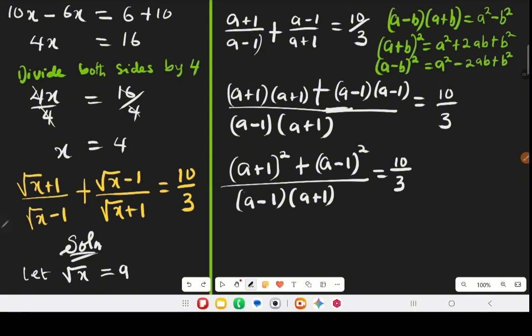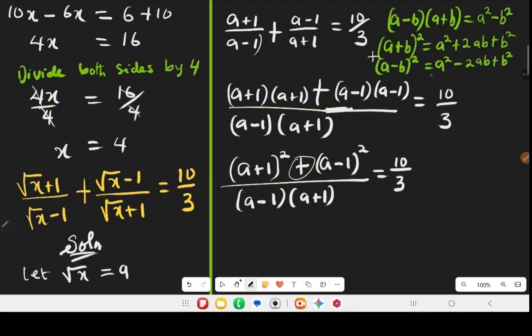Now, the numerator is telling us, which is this, a plus 1 all squared is the same thing as this. Then a minus 1 all squared is the same thing as this. Now, if they are the same, we are going to use this operation addition. We are going to add the 2 and see what we get. If that be, we are having a plus b squared plus a minus b squared.